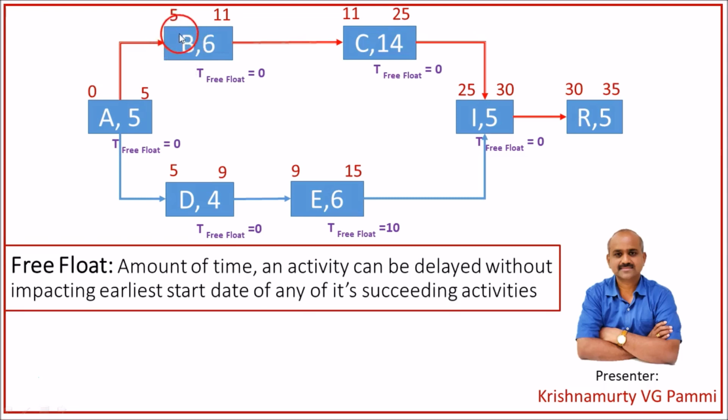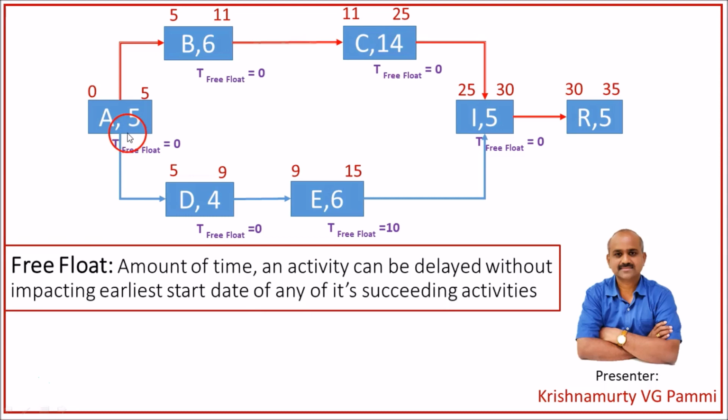That means the early start date of activity B and the early start date of activity D, which are the succeeding activities of activity A. So how much time can I delay? 0, because activity A is finishing on the 5th day and activity B and activity D must start on the 5th day. So the free float is 0.